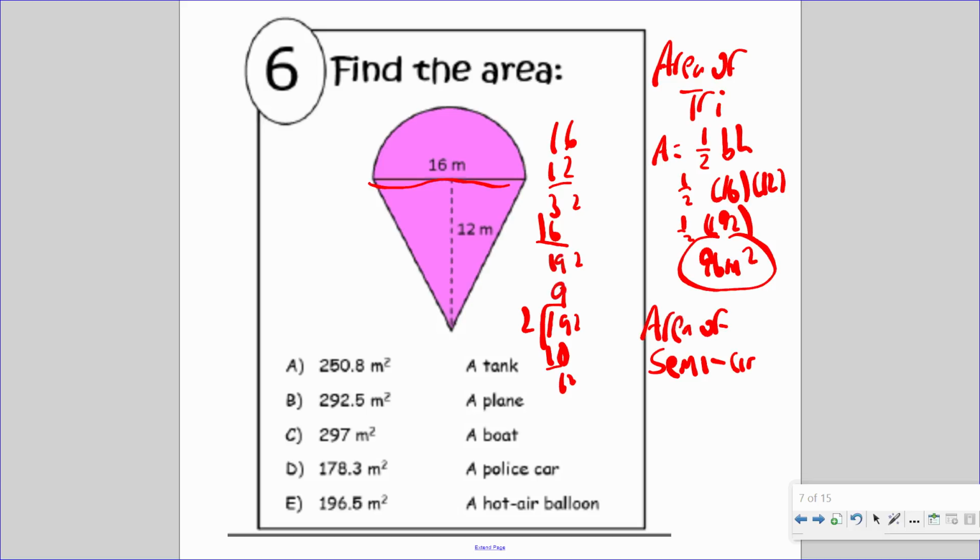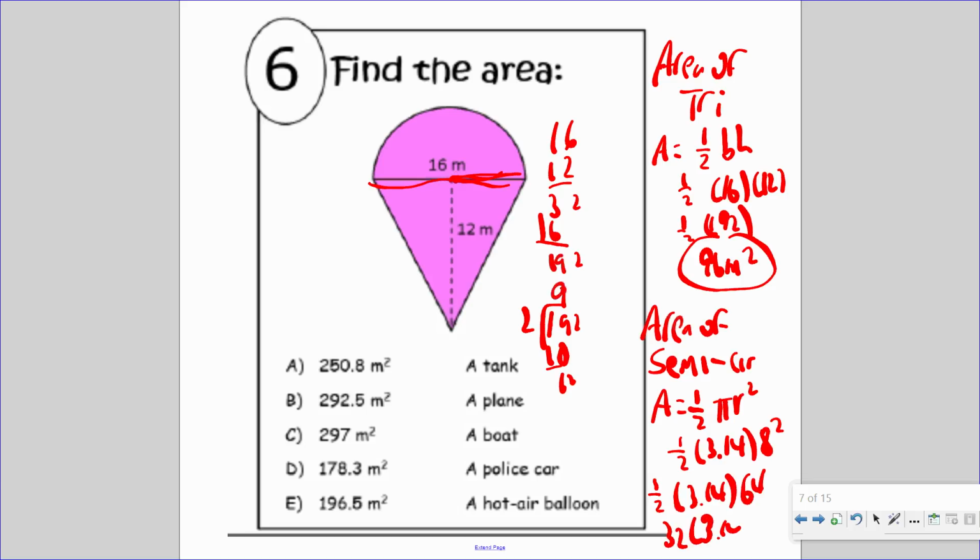Now let's find the area of the semicircle. It is a semicircle, not a full circle, so it's half pi r squared. Pi is 3.14. What would the radius of this be? 8 squared, which is 64. What's half of 64? 32. So let's multiply 32 times 3.14.